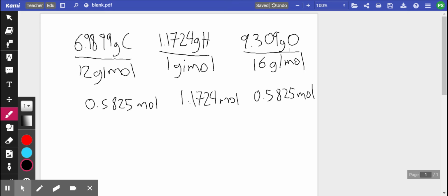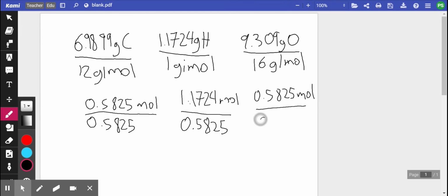So in this case, it's quite simple. We divide all the numbers by the smallest number. This is just to find a ratio between them in whole numbers. So divide all by the same number.